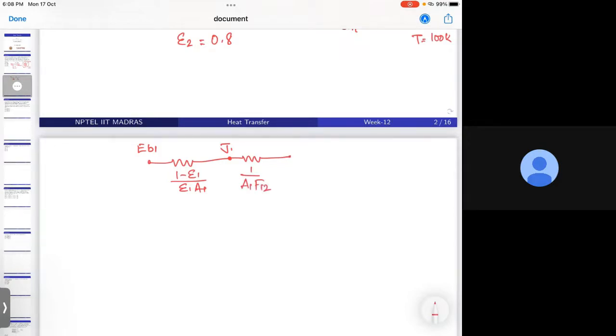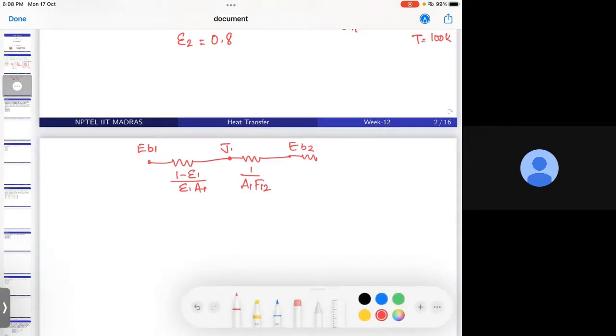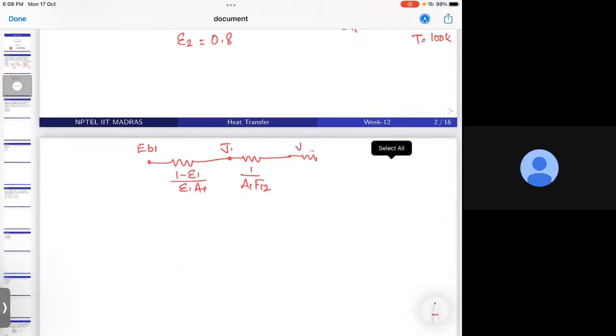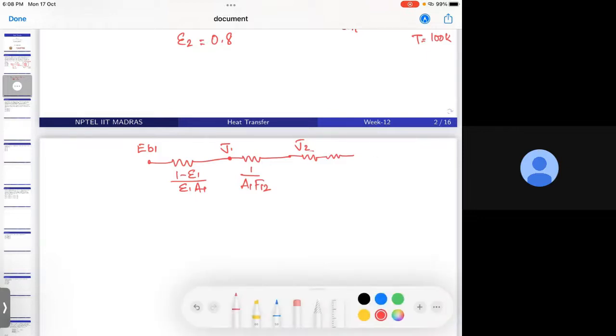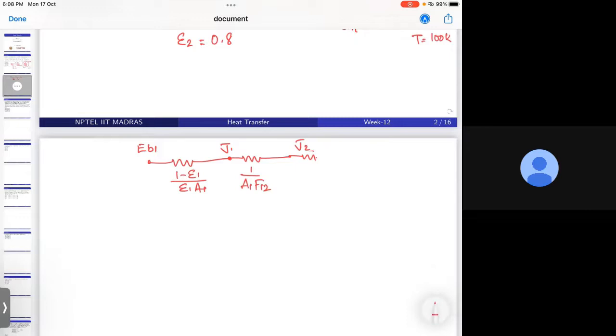Then again we have the surface resistance, and EB2. Okay, so this is the radiation network for our case.